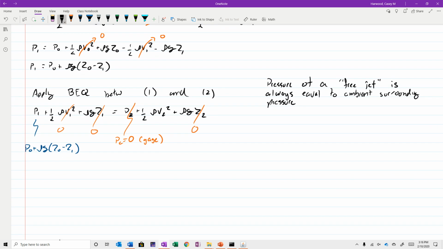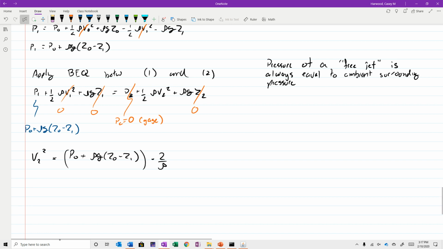So finally, we could plug all of this in for V2, right, squared would be P naught plus rho g times z naught minus z1, times 2 over rho. V2 would be the root of that quantity.